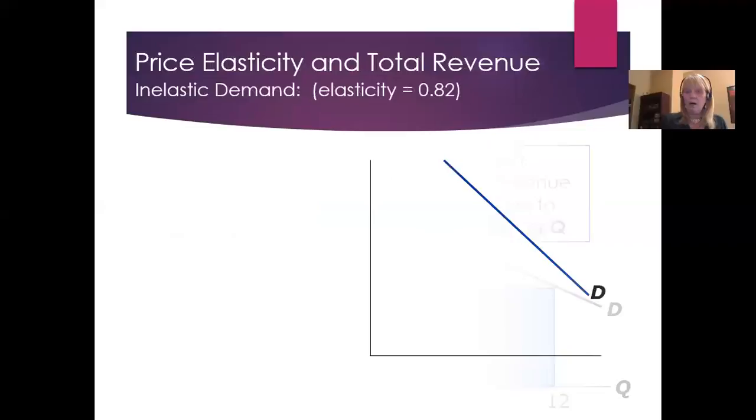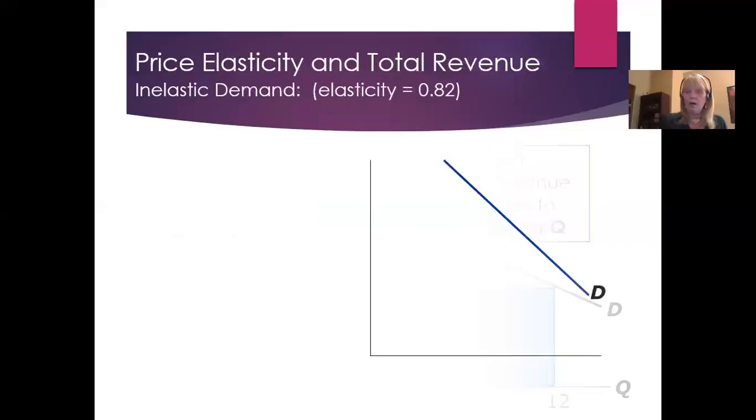So even though we increased the price, even though we got $250 for each one we sold, rather than the 200 we got previously, we lost so many sales that our total revenue actually decreased.